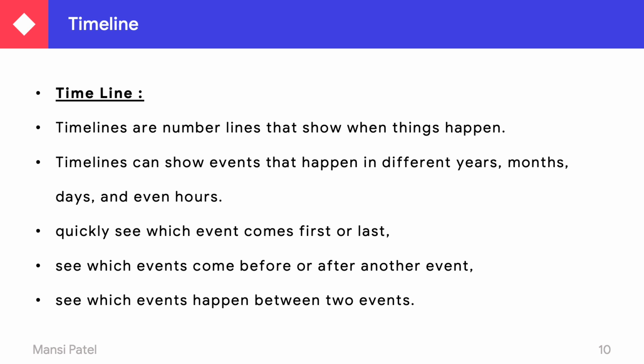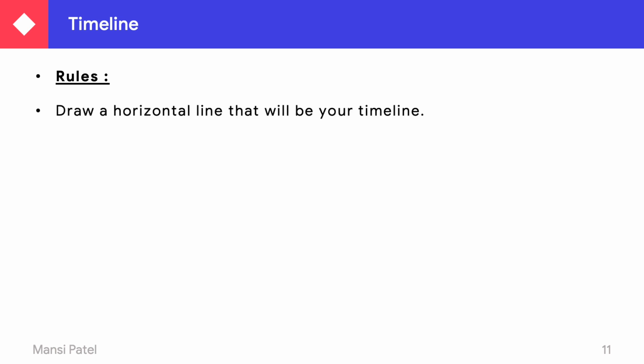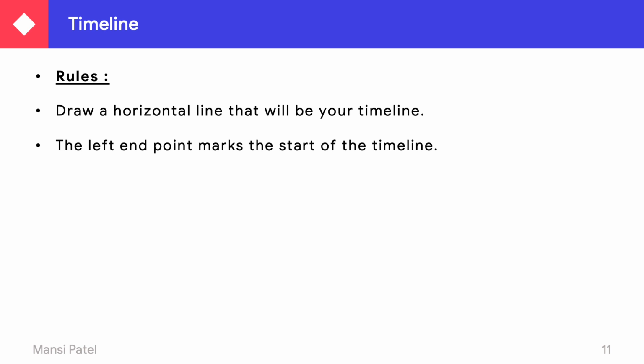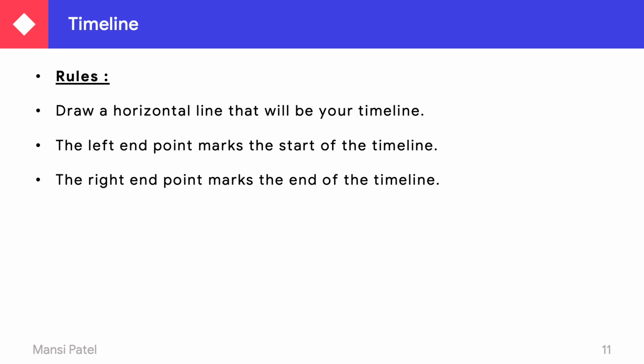So let us first study how we draw a timeline. The first rule: draw one horizontal line, and that horizontal line is known as your timeline. On the left-hand side, mark one point, and that point is known as your starting point. On the right-hand side, mark another point, known as your end point.